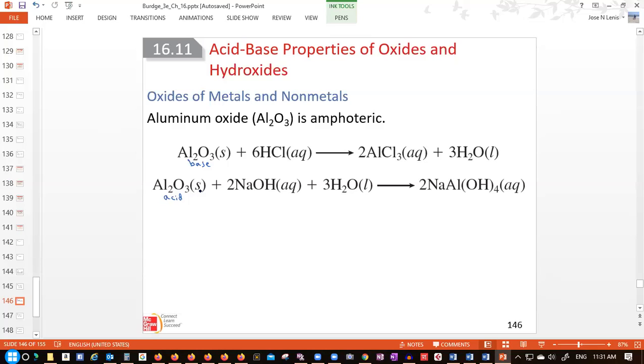Remember, acids react with bases. The result of this second reaction is this sodium aluminum hydroxide. That means this aluminum oxide is amphoteric because it can work as a base or acid depending on the environment.